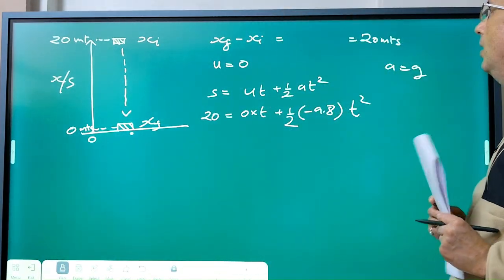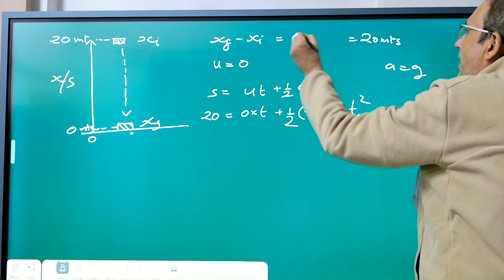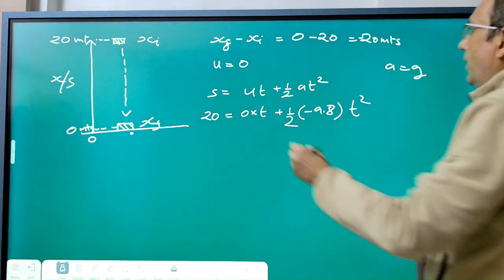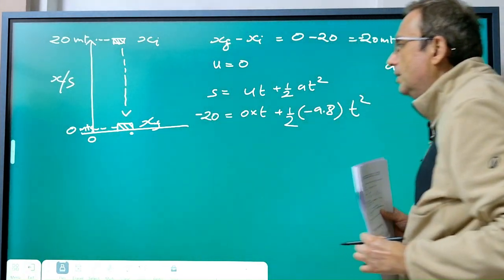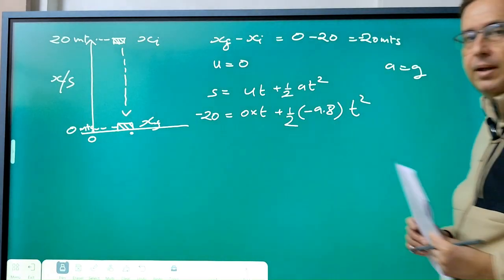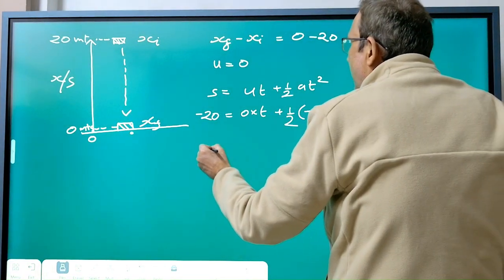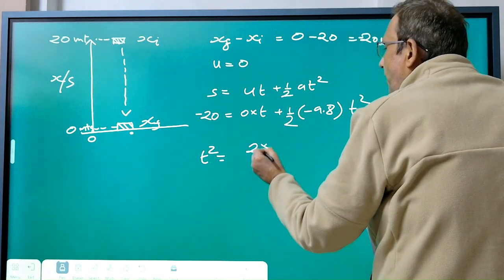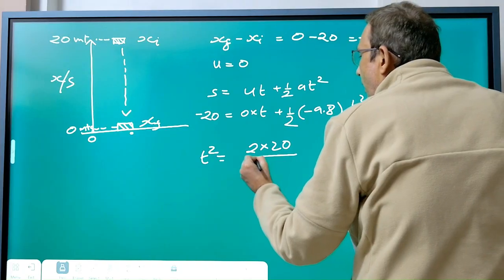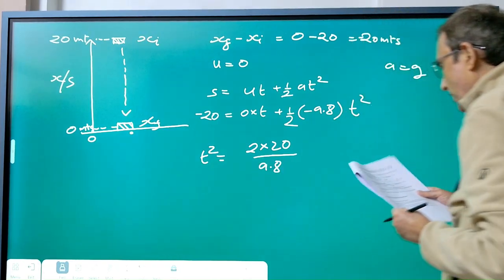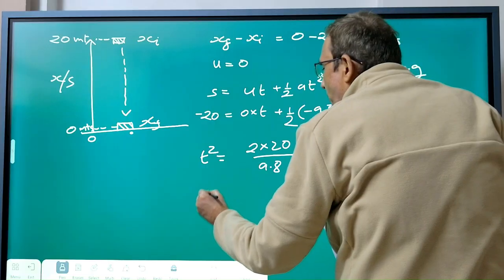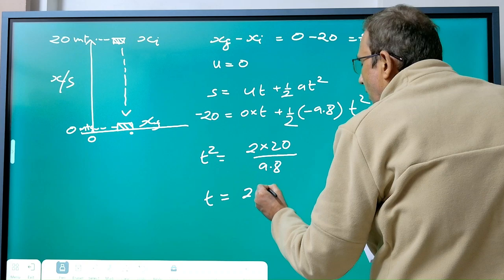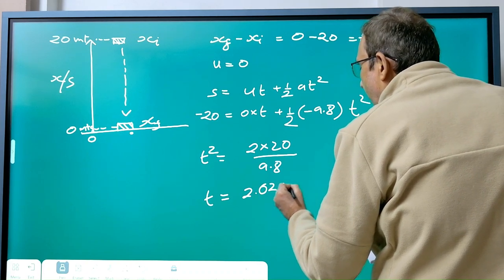So it is going to be 0 minus 20, which is minus 20. So here you have a minus. Then you can say that t square is going to be equal to 2 into 20 over 9.8, and the square root of this gives you t, which turns out to be 2.02 seconds.